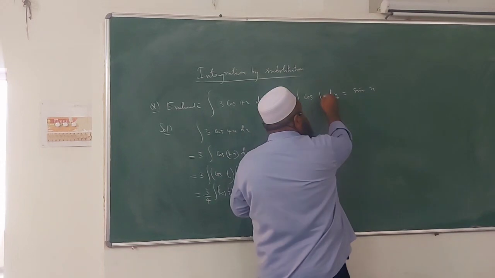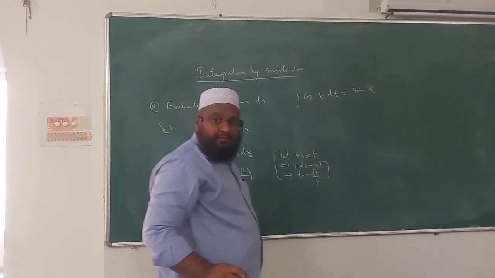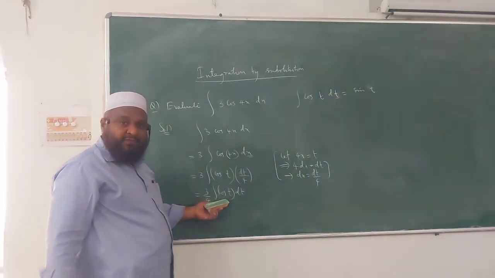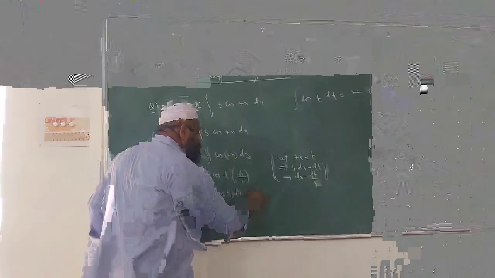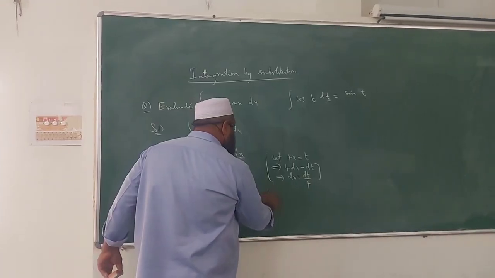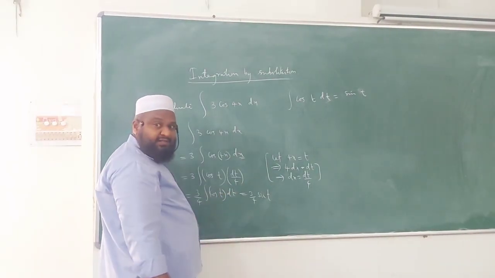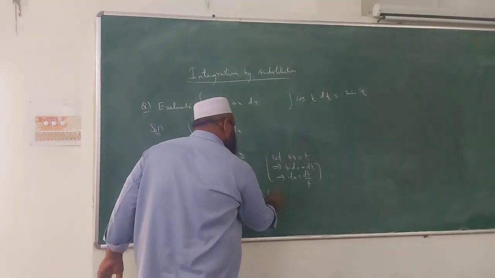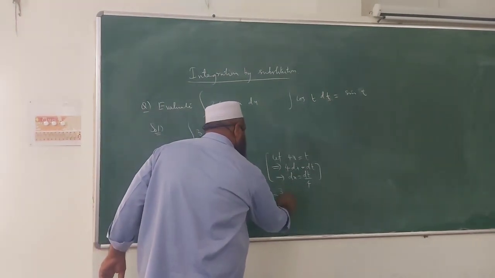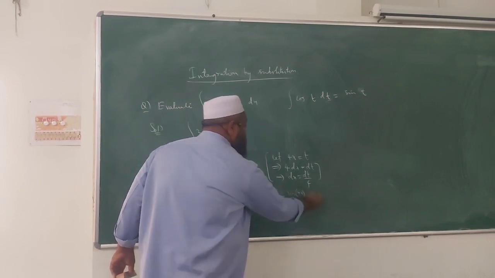If it is t here and it is t here, then it will be sin t. So integral cos t dt is sin t. This will become 3 by 4 sin t. But the answer should be in x, not in t. So substitute back the t value. That's equal to 3 by 4 sin 4x.